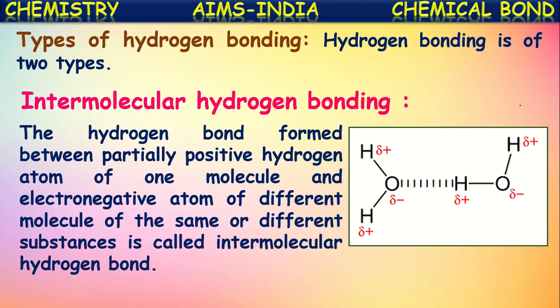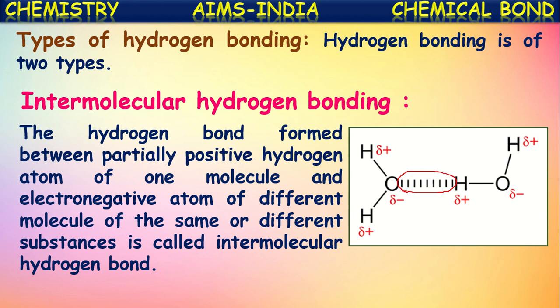See here in the water molecule, oxygen is the more electronegative atom and hence slight charges, polarity, are created on it. In the same way, polarity is created in the other molecule also. Now the electrostatic force of attraction between the hydrogen atom of one molecule and the electronegative oxygen atom of another molecule is called hydrogen bonding.